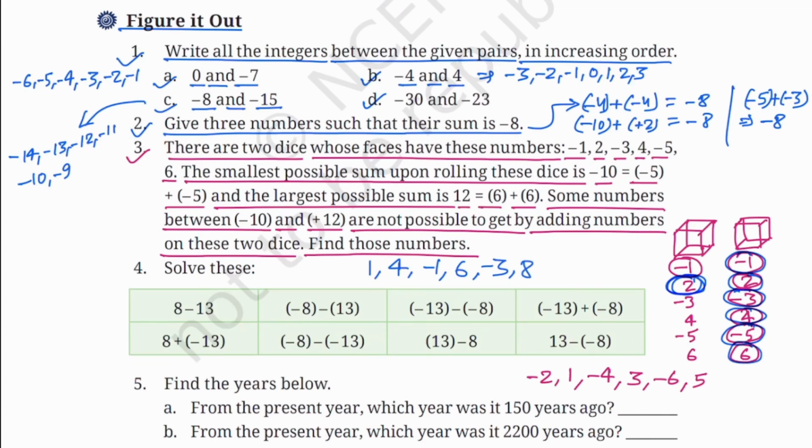Similarly, -3, 4, -5, 6 may appear on the first dice. Kindly write all the possible sums and find out which number between -10 and 12 doesn't appear.